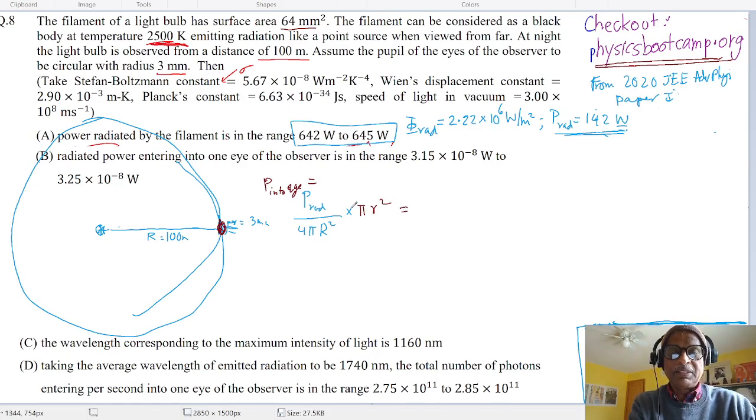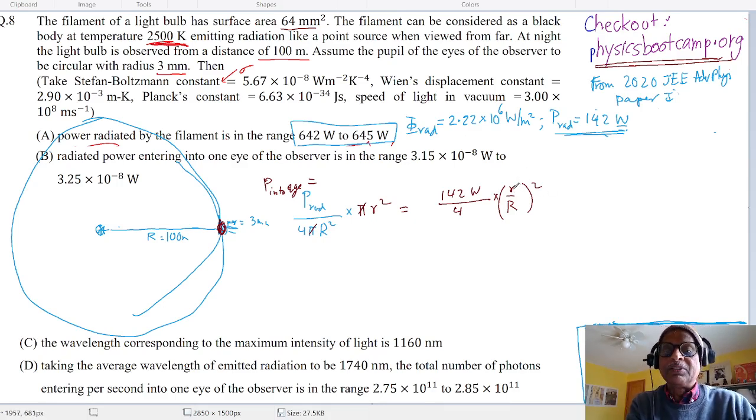So if you look at this, I've got 142 watts, and you could say pi cancels out, and r over R is squared. This is in millimeters, and this one is in meters. It's 100 meters.